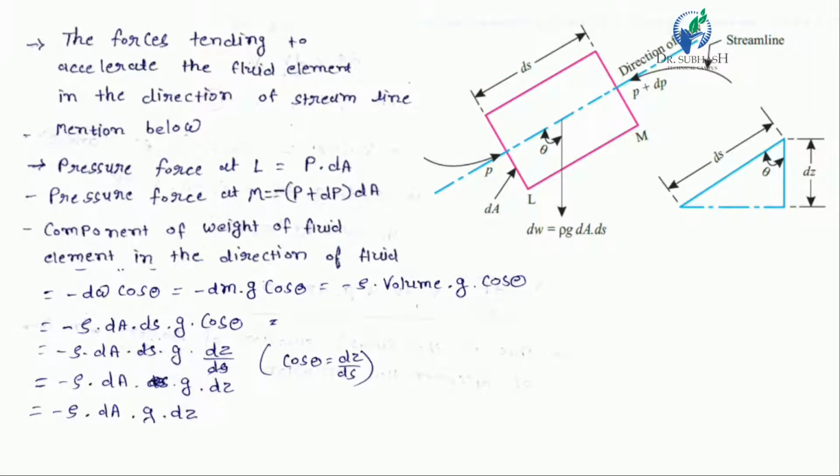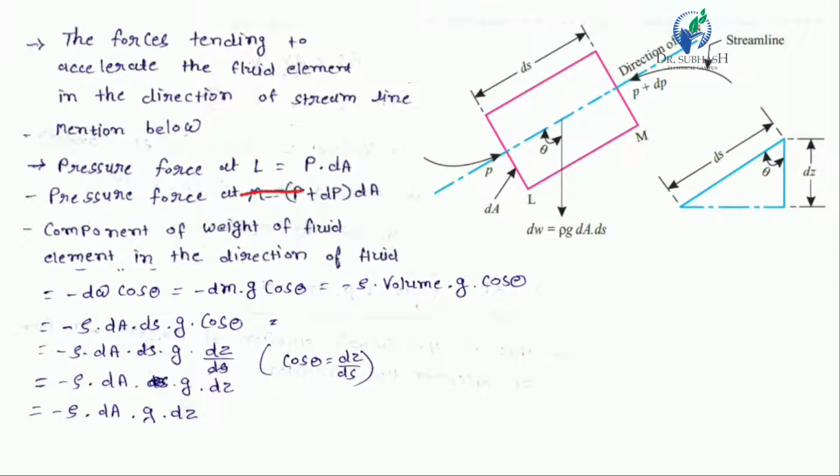The forces applied onto the fluid element are mentioned below. First one is the pressure force at the L side. Pressure force, we know, is pressure into area, P into dA. Now the pressure force at the M side is pressure into area, (P plus dP) into dA.